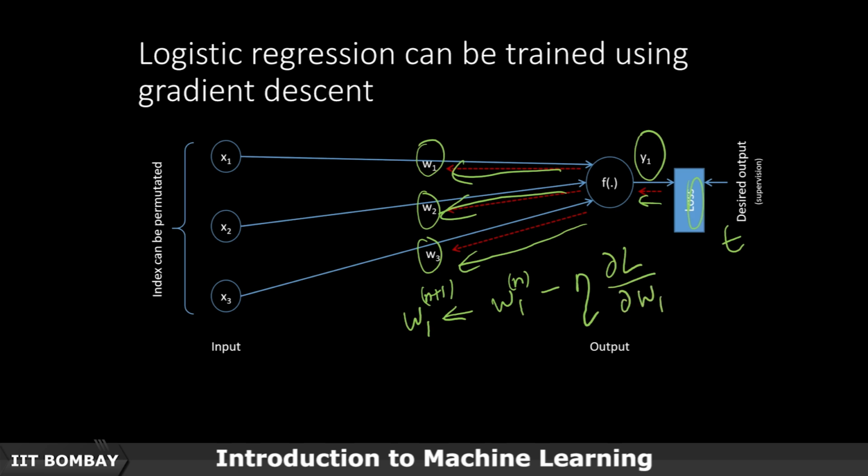So that is the update equation for the first weight, and similarly we have an update equation for the other 2 weights as well as the bias. So this is how it was being trained by logistic regression. And what is L? L is the cross entropy loss that we have already looked at.